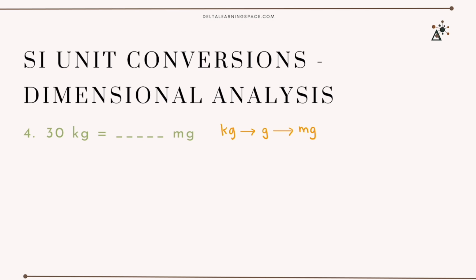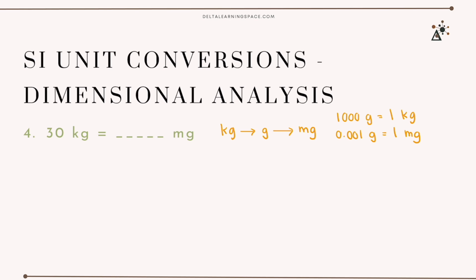We also know the following conversion factors. 1,000 grams will equal 1 kilogram, and 0.001 gram will equal 1 milligram. This is only one way that these conversion factors can be written. There are multiple ways. For example, it could have been 1,000 milligrams equals 1 gram, but I am basing it off our table.